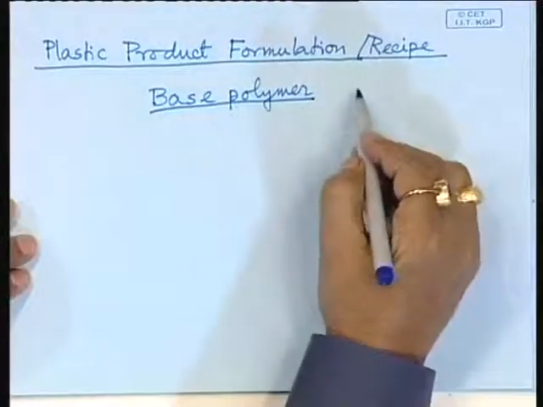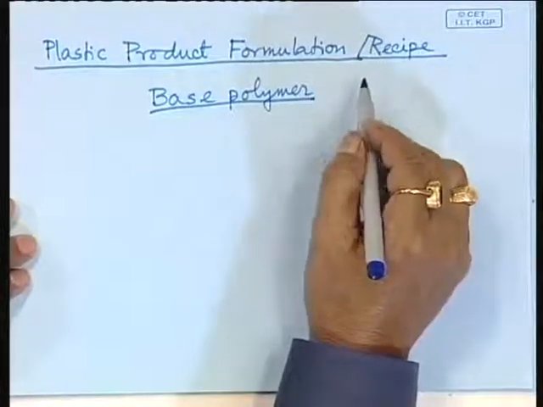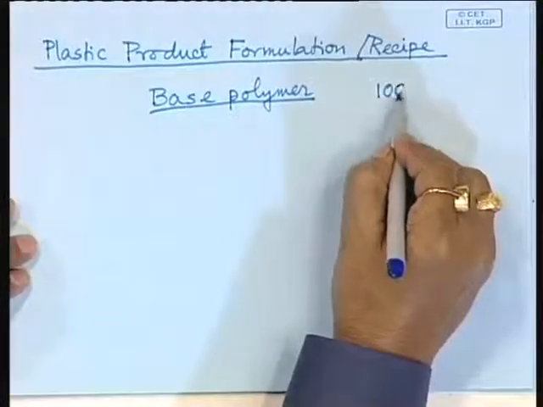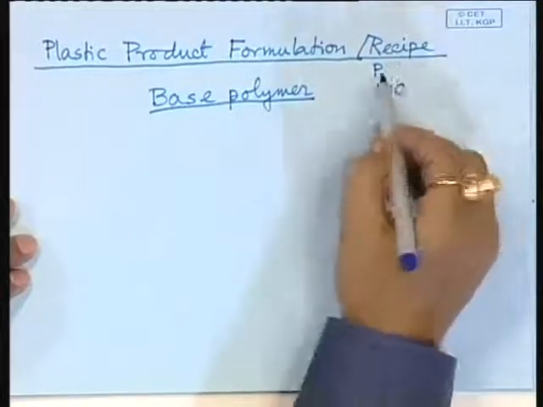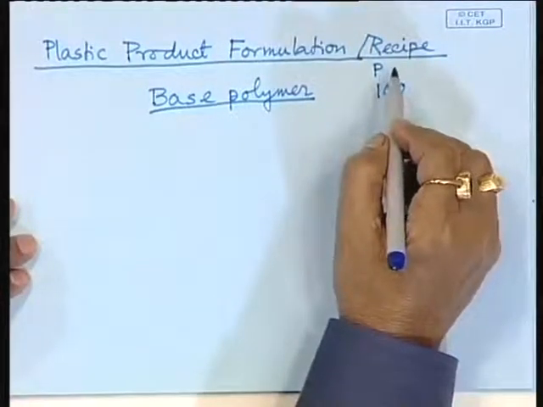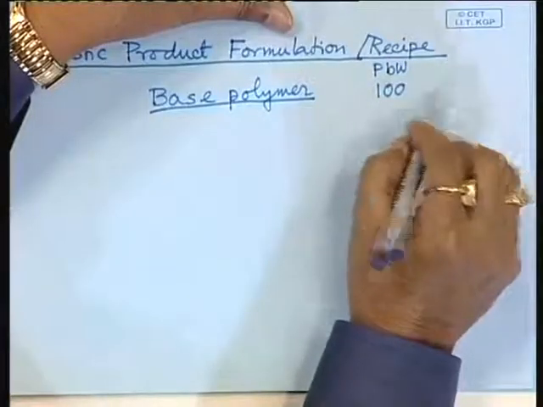So, if you consider this base polymer, say as I told, polyethylene, polypropylene, polyvinyl chloride, etc., you take parts by weight, or PHR. In case of rubber product, we write parts per 100 parts of rubber, PHR; that is the convention. Here we can write PBW, parts by weight.